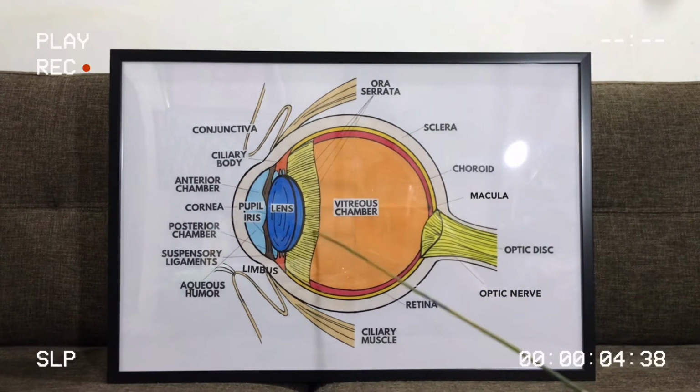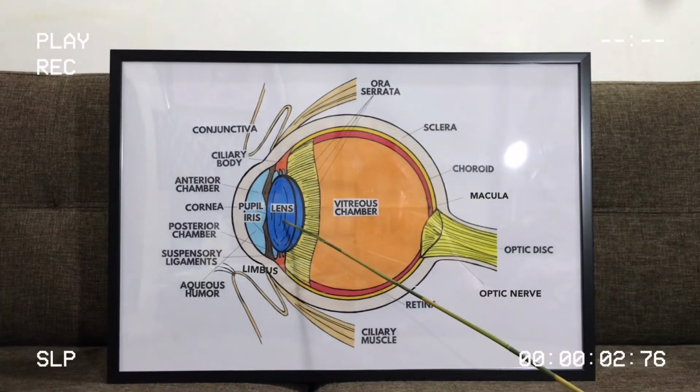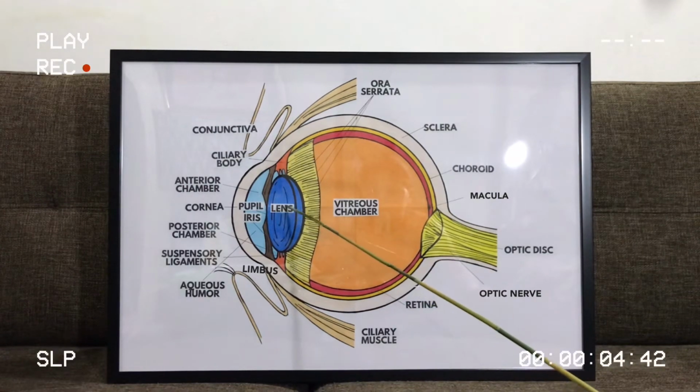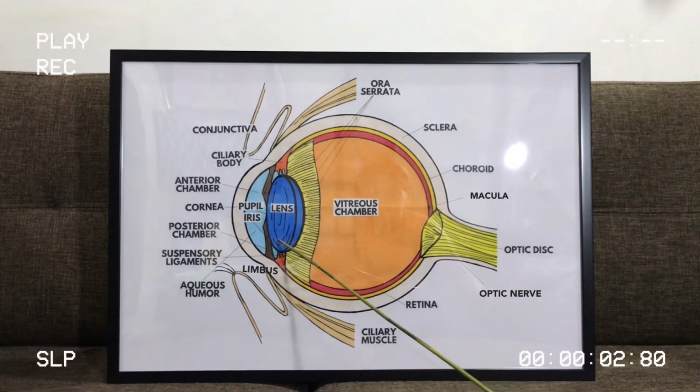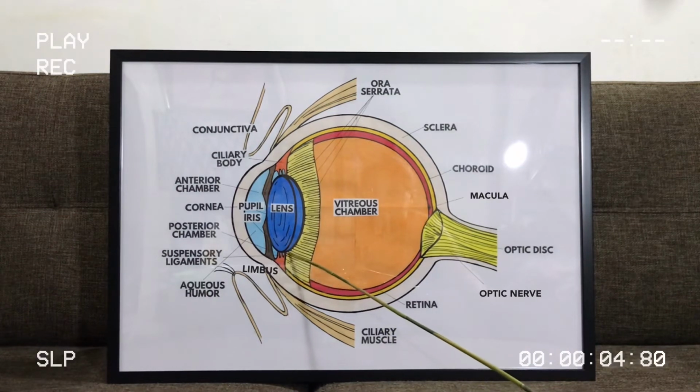Next is the lens. The lens is also known as the crystalline lens, and it is located directly behind the pupil. Just like the cornea, the lens is also a refractive media that bends light coming into the eye to help focus it on the retina. It changes shape to help the eye focus to see objects clearly at near.